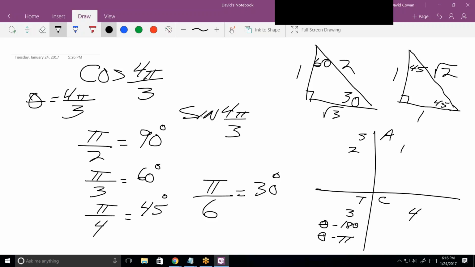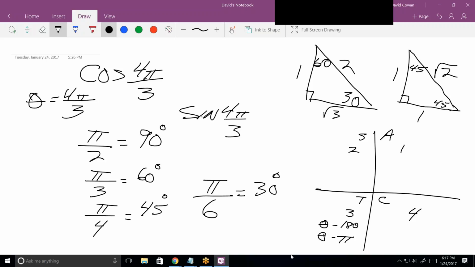What is the equivalent first quadrant angle? Negative 5 pi over 6. No. We're going to use this theta minus pi, not pi minus theta. Theta is 4 pi over 3, right?